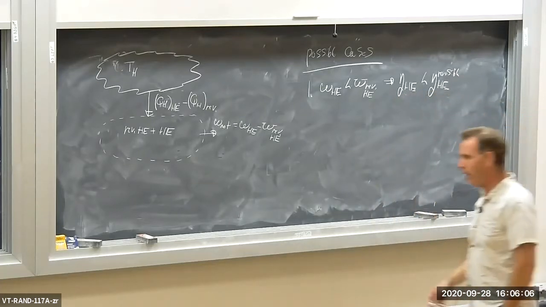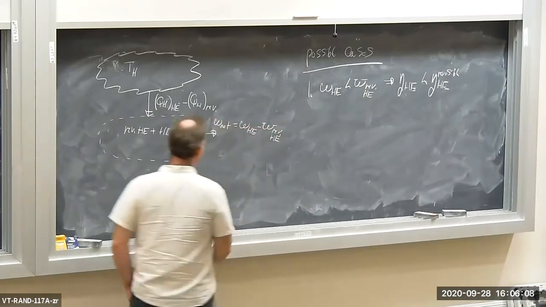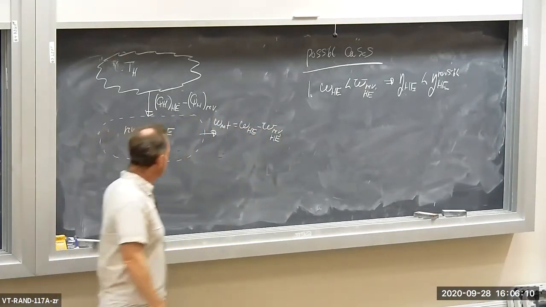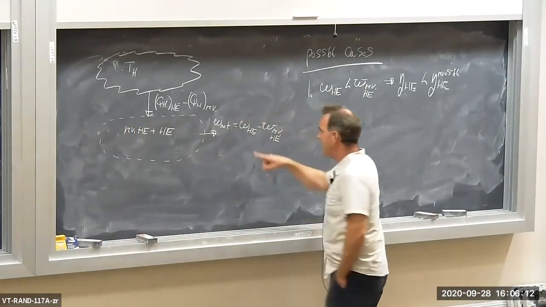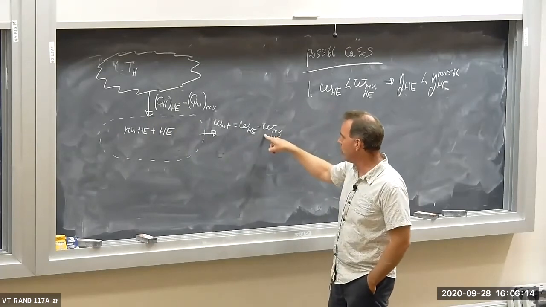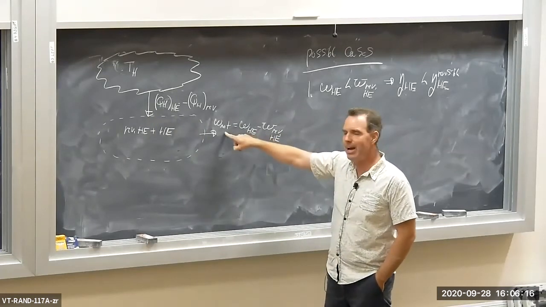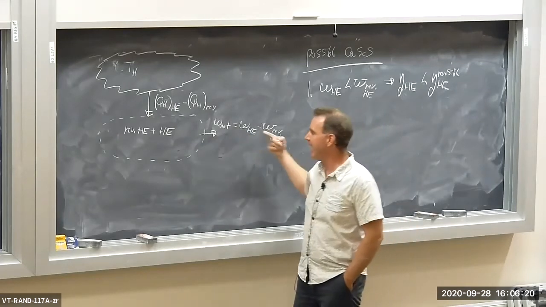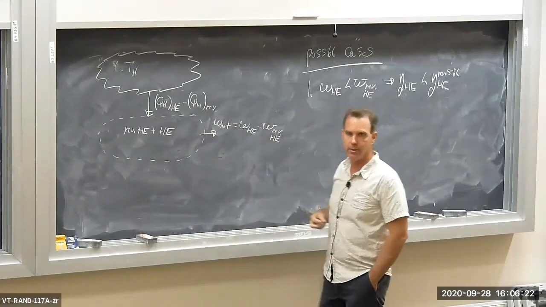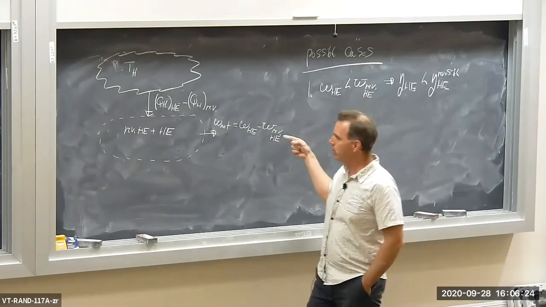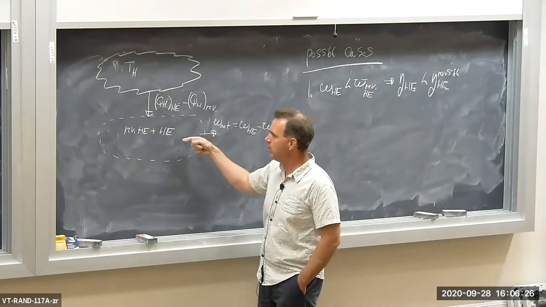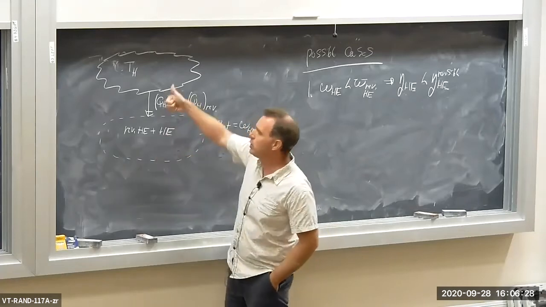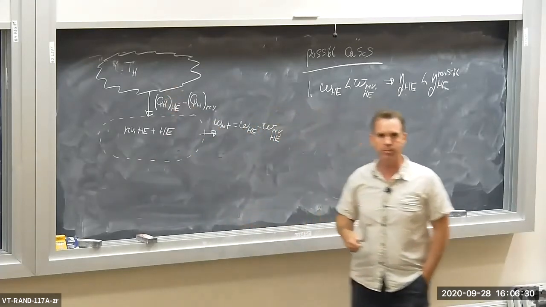Okay, so that's possibility number one. Let's see what that looks like. If the heat engine produces less work than the reversible heat engine, then the net work is negative. This thing isn't producing work, it's consuming work. So energy in the form of work goes into the system, and that energy gets rejected to a single reservoir.